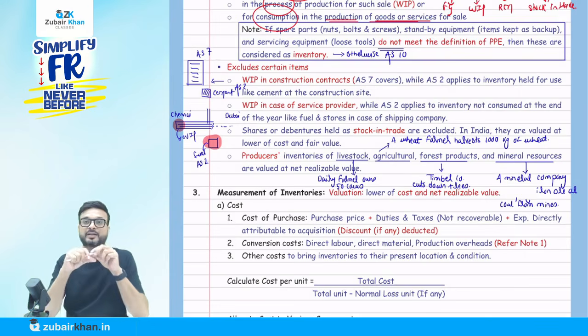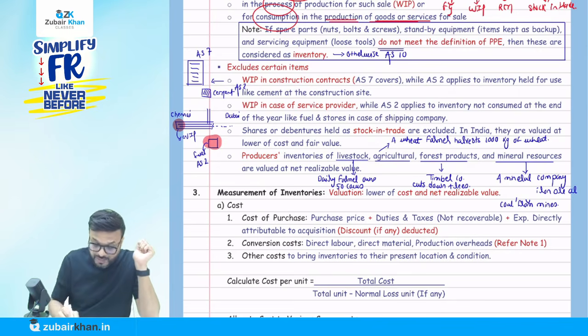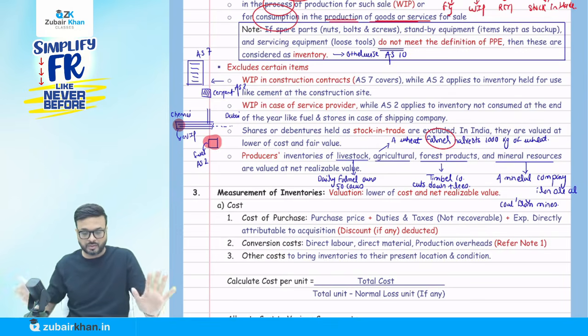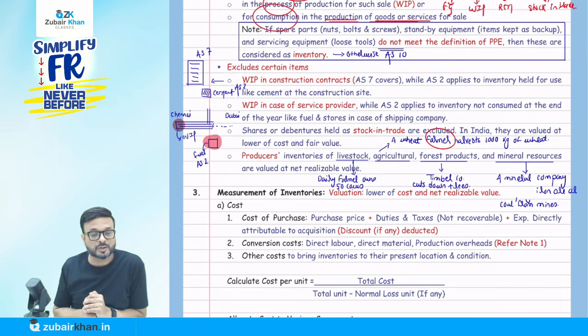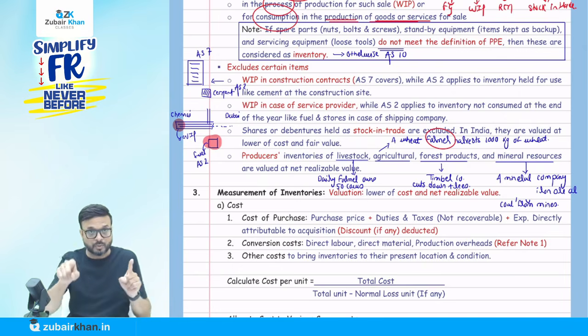A very important thing is that when we talk about the producer of the agriculture product, it is the producer, not the trader. Please understand this point. This is a wheat farmer. Suppose in your city you go to a mall and you see the vegetables there. AS2 is applicable to them because the owner of that mall is the trader.